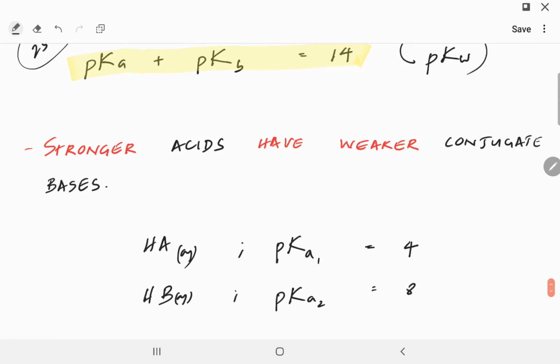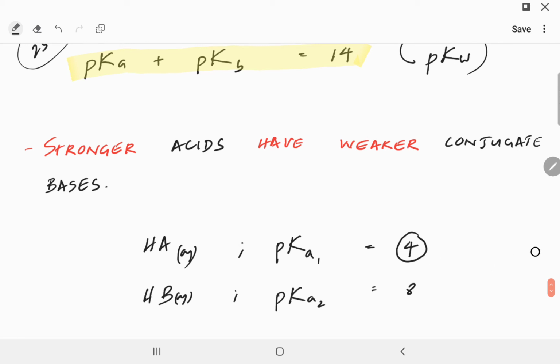Let me ask you this question first: which acid is stronger, HA or HB? You look at the pKa value, and the lower pKa means it is stronger. So a stronger acid will have a lower pKa, and HA is the strong acid, right?